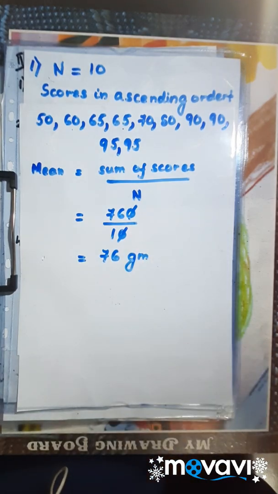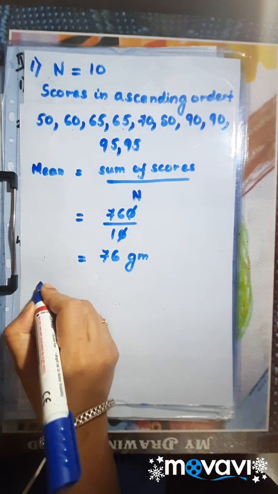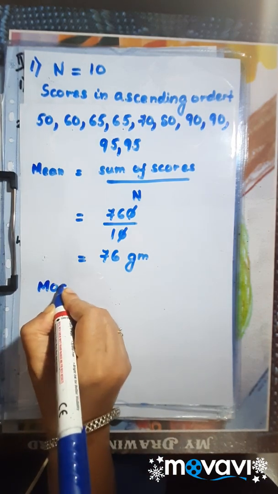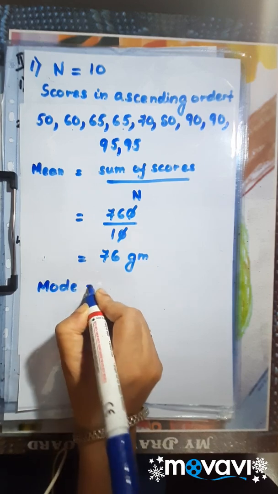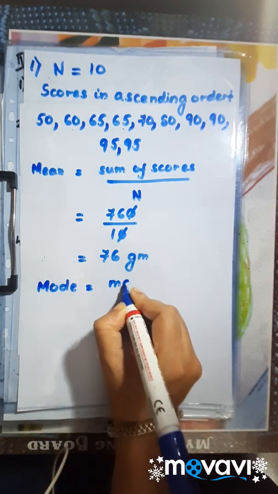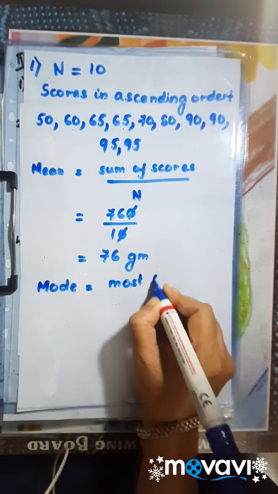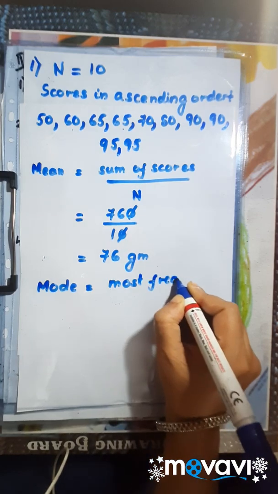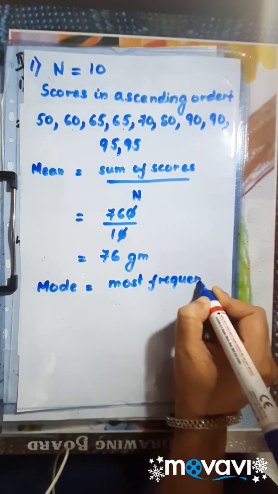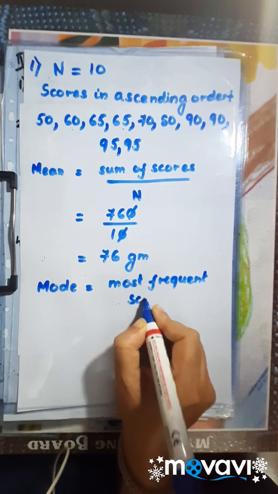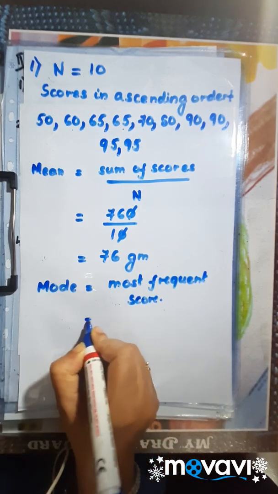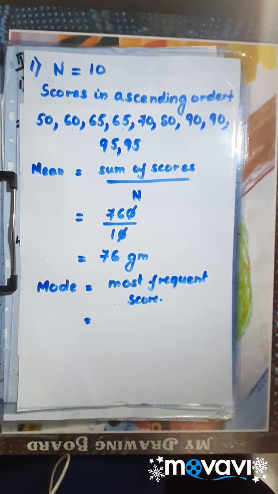Okay. Now, what about my mode? Mode means most frequent score. Now, tell me, how many times is 65 there? Twice. How many times is 90 there? Also twice.